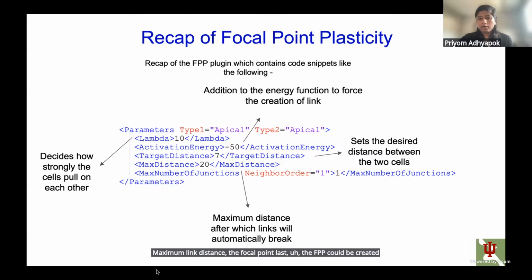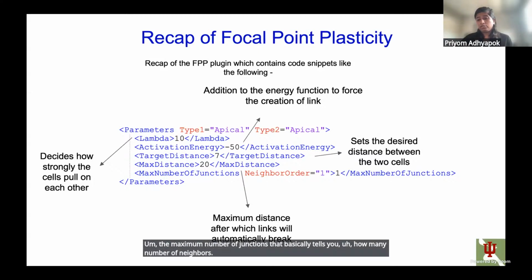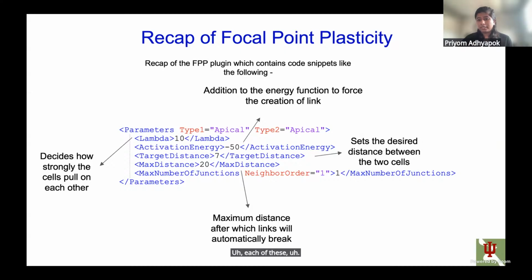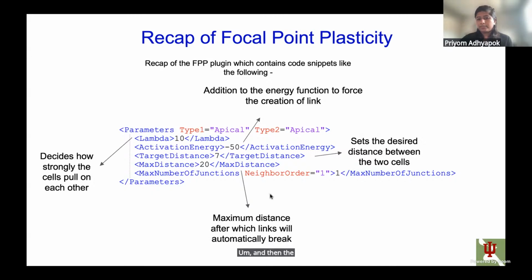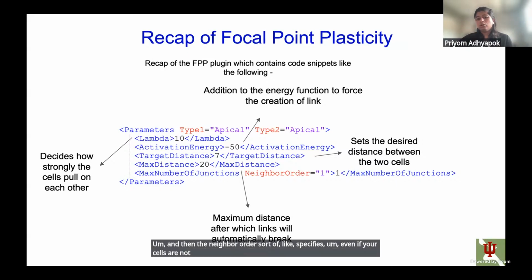The maximum number of junctions tells you how many neighbors each of these cells could connect with, how many links each cell could form. And then the neighbor order specifies, even if your cells are not, for example, touching, over how many cell neighbor orders the link could be formed.